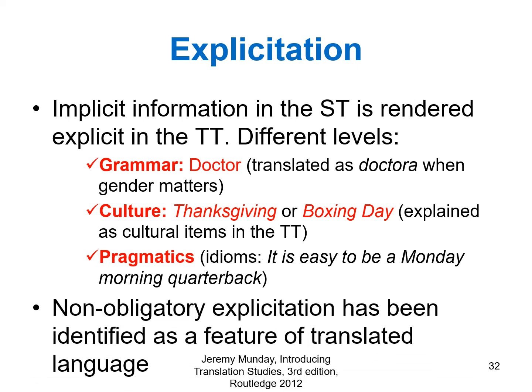Non-obligatory specification has been identified as a feature of translated language, meaning, and here we're still following Jeremy Munday, that translation researchers have studied large collections of translated texts and compared them to non-translated text, or original writing.